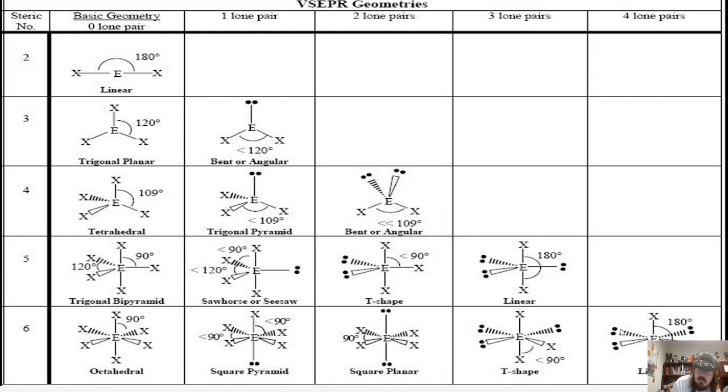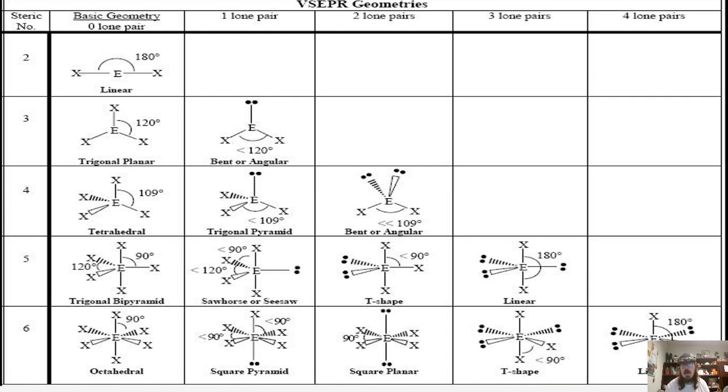The third atom we remove doesn't matter, because any atom we remove at this point is not opposed by any other atom, and we can rotate it. And so we have 3 atoms left, and it becomes a T shape. And the fourth atom to be removed, if we remove a fourth atom, has to be opposed by the previous lone pair, so it becomes linear again.